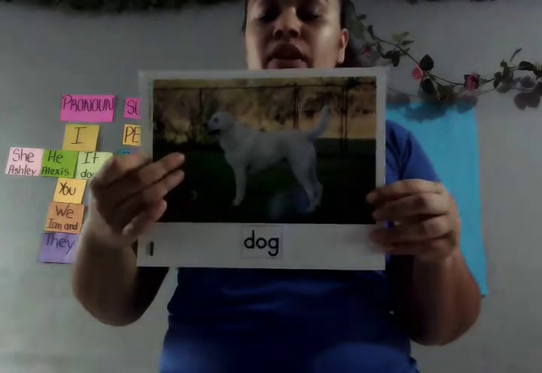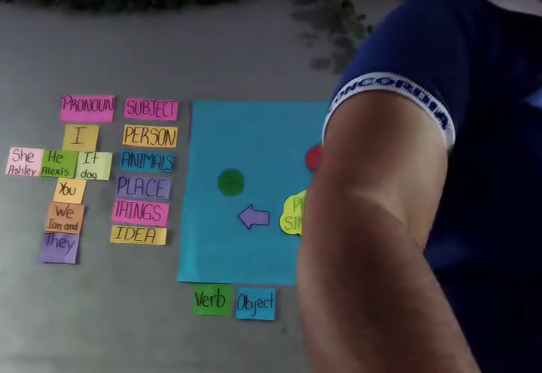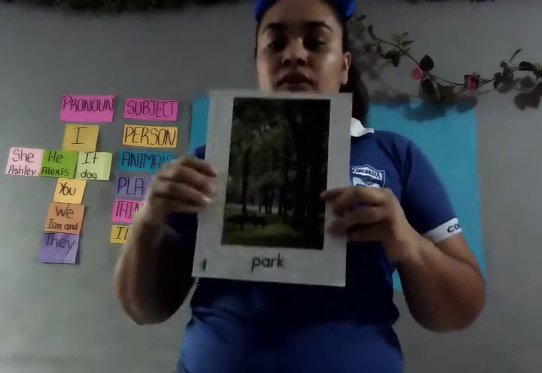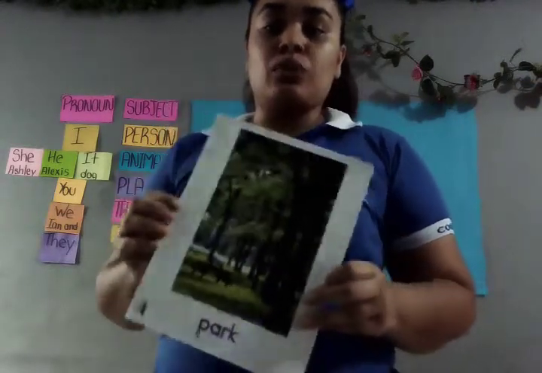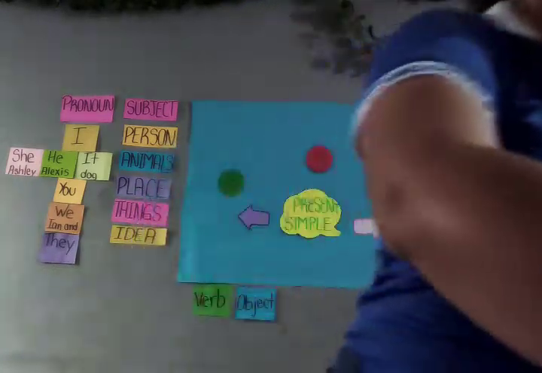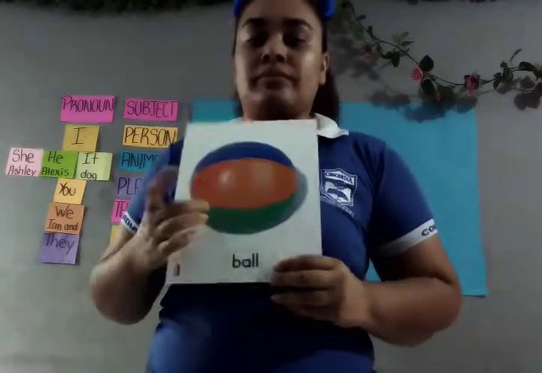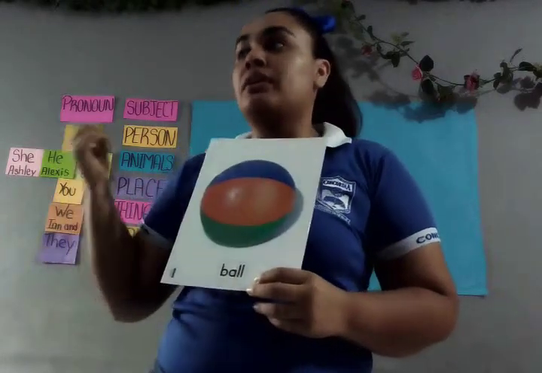Animals can be dogs, snakes, bears, and all those animals. And then we have a place. It can be a park, a school, a hospital, a mall, and a lot of other ones. And things can be a ball, a pencil, a book, a backpack, and a lot more.